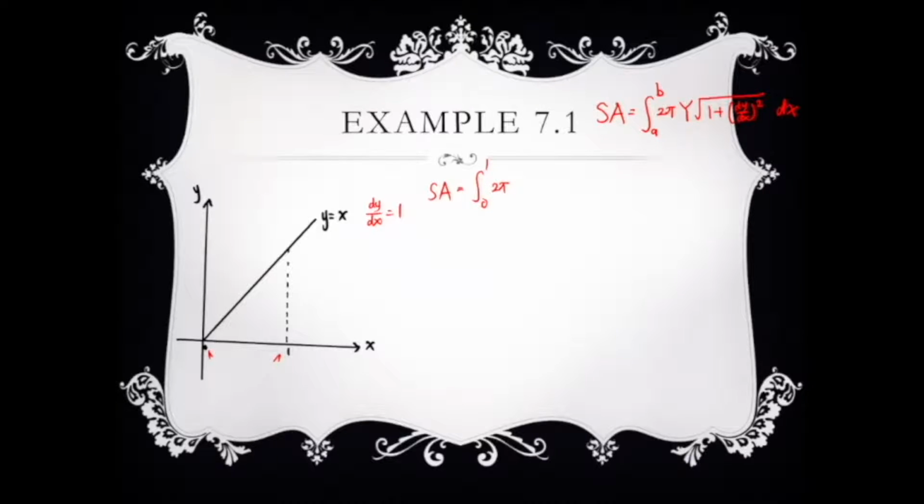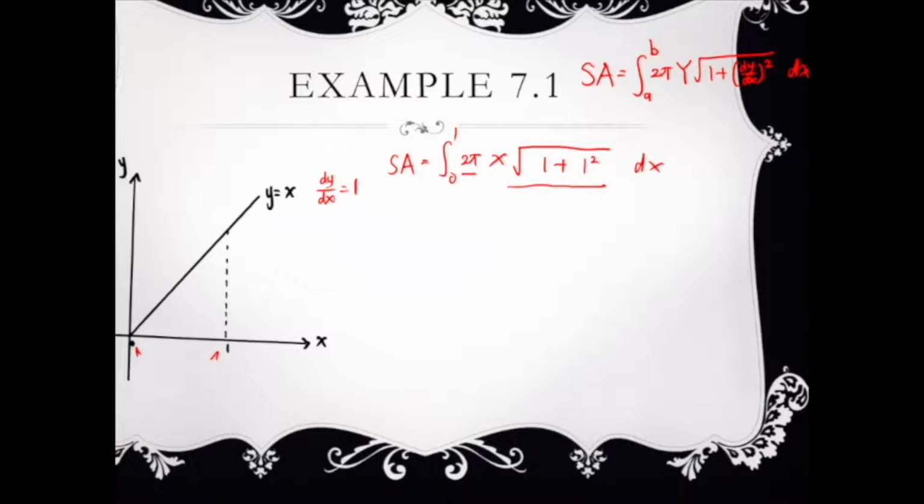Since y equals x, we can rewrite y as x, times the square root of 1 + 1² dx. The square root of 1 + 1² and 2π are both constants, so we can move them out of the integral, and it becomes 2π times root 2 times the integral from 0 to 1 of x dx.